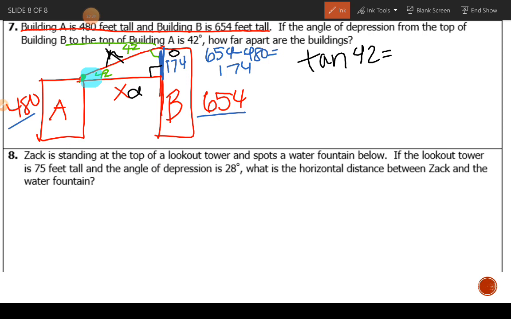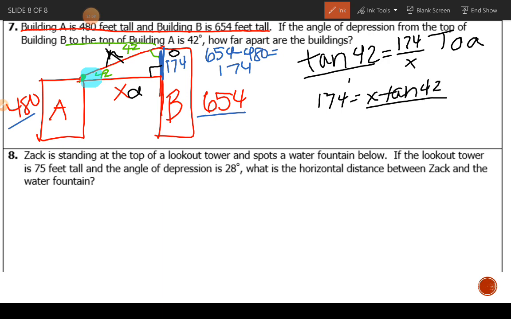Tangent is going to be opposite over adjacent. Remember, tangent is TOA. Okay, opposite over adjacent. So 174 over x. Cross multiply. Get 174 is equal to x tangent of 42. And I get x is equal to, I'm going to go ahead and put this in my calculator.